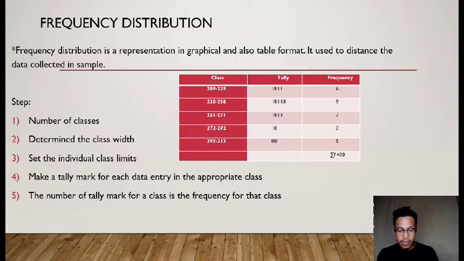You can use the formula maximum entry minus minimum entry, divided by the number of classes, to determine the class width. Step number 3 is to set the individual class limits, and step number 4 is to make a tally mark for each data entry in the appropriate class. And step number 5, the number of tally marks for a class is the frequency for that class.